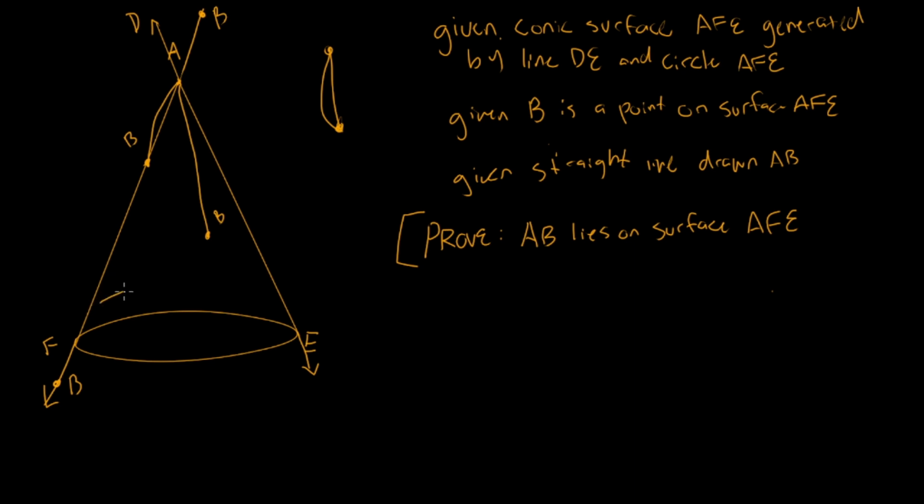This line, you can imagine it revolving around this circle. So every point that is on the surface AFE has been touched by this line DAE revolving around. Even this one, which doesn't look like it's on one of these generating lines or obvious generating lines, this will at some point, as it's revolving, hit any point on the surface.